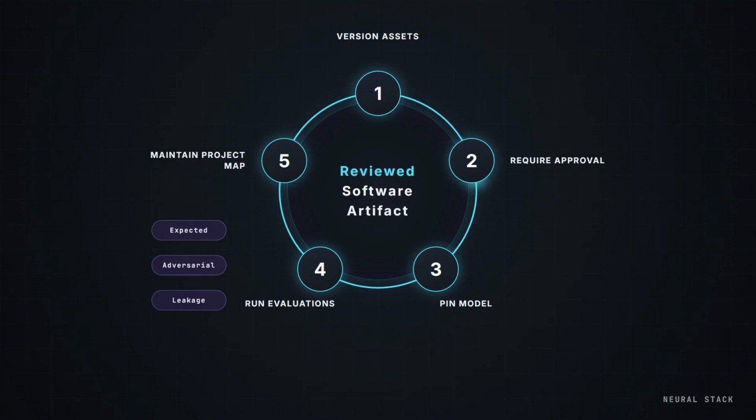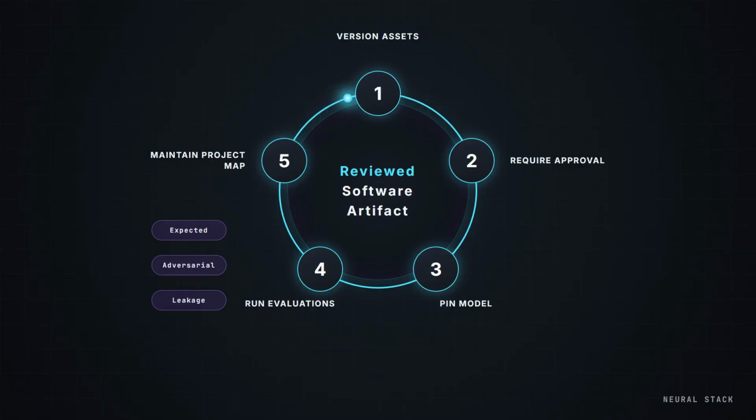Third, the model version is pinned and the evaluation set is repeatable. Fourth, that evaluation set covers expected behavior, adversarial prompts, and information leakage. And fifth, repository-level instructions give coding agents a maintained project map that links the relevant assets, requirements, and validation path.